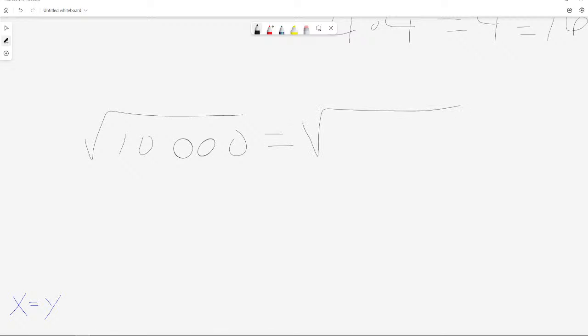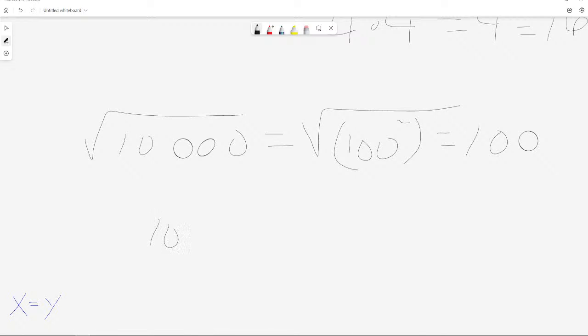Well, we know that's going to equal 100, because 100 squared equals 10,000. Now, a rule when you're dealing with 10, 100, 1,000, anything 1 with trailing zeros: the square root is half the amount of zeros.